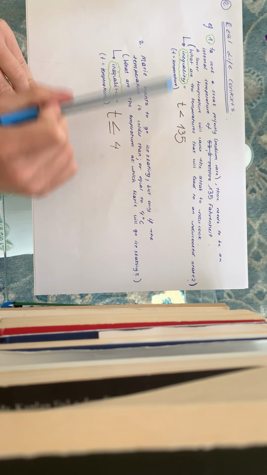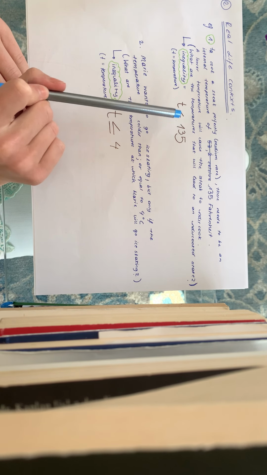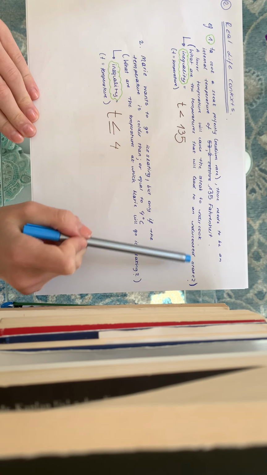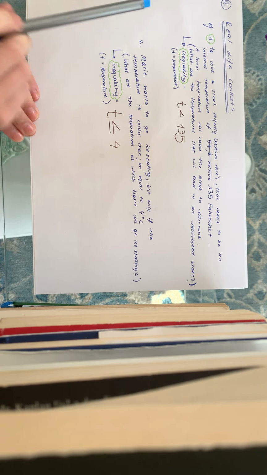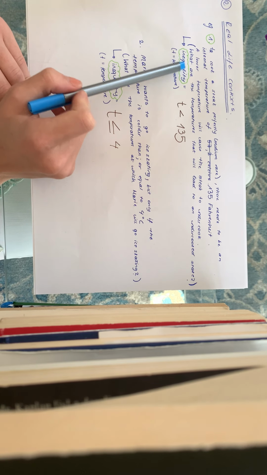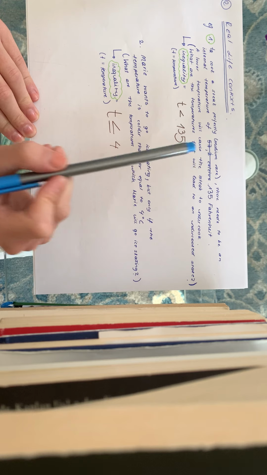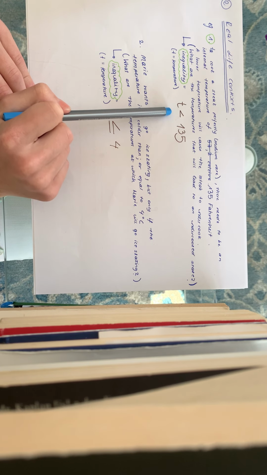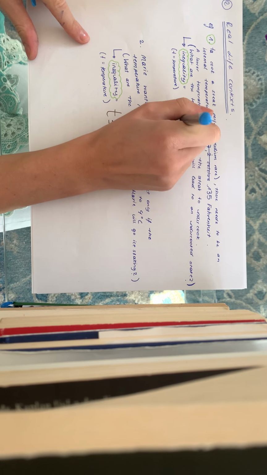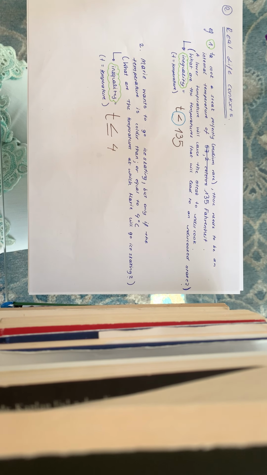Now, in this example, we are trying to figure out what the temperatures are that lead to an undercooked steak. In this inequality, we represent T as temperature. Now I have written down T with this sign is equal to 135.